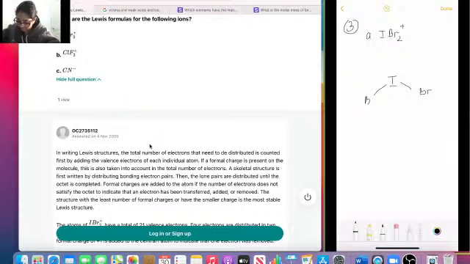So what we have right here is 4 electrons in 2 bonding pairs, basically. And 16 are distributed as lone pairs, okay?